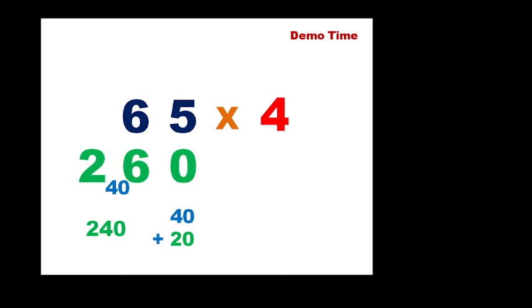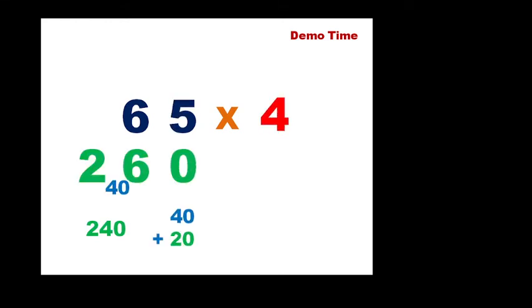And 20 added with 40 is 60. So like that, when numbers are given to you, you have to try in mind like that. Mind calculation. So in mind, you have to multiply until 260. This much time only you have to take to do the calculation in mind.